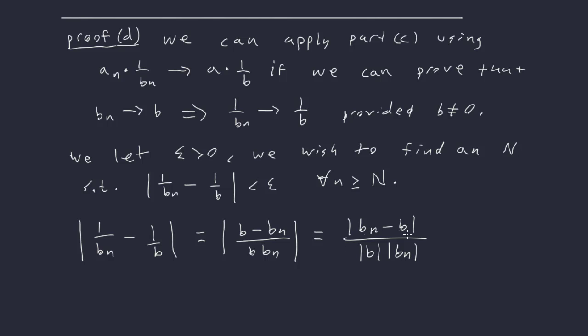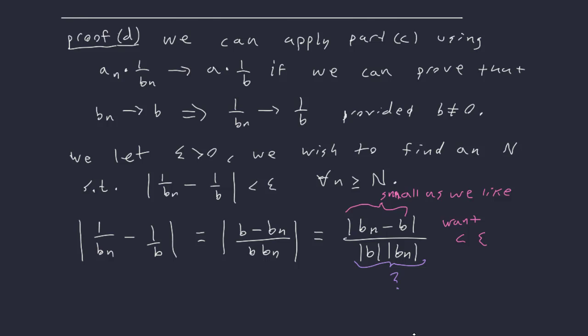And this is what we want less than epsilon, and this is tricky. Now we can get this absolute value of Bn minus B, since we have convergence, this part can get as small as we want. It's this denominator that's going to give us some issue.